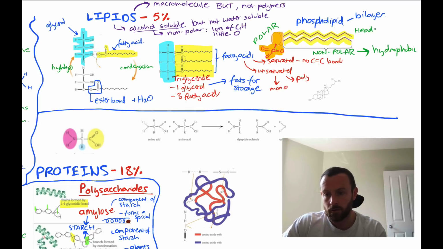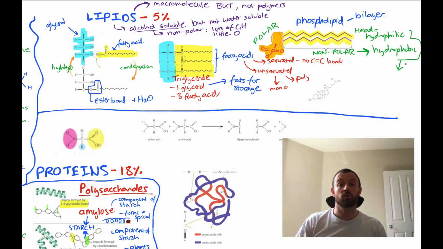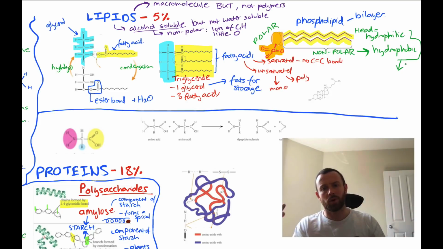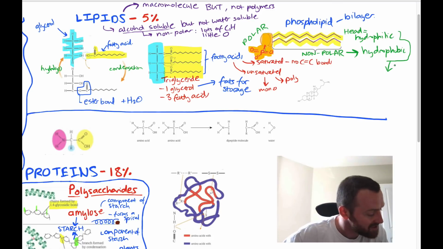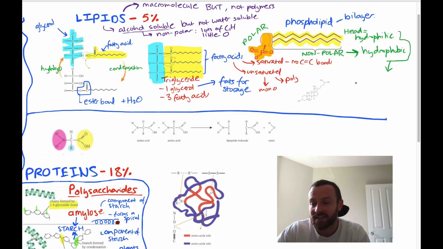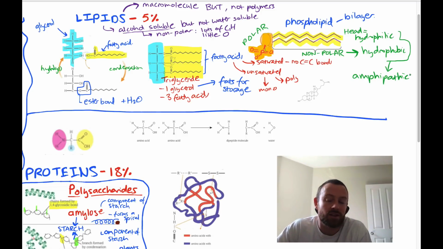Head equals hydrophilic. So we've got hydrophobic and hydrophilic. That's weird. If we have the hydrophobic and hydrophilic together, we've got a molecule where one part wants to be in water and one part doesn't want to be in water, which we call amphipathic. Amphipathic basically means it's in two minds almost about itself.